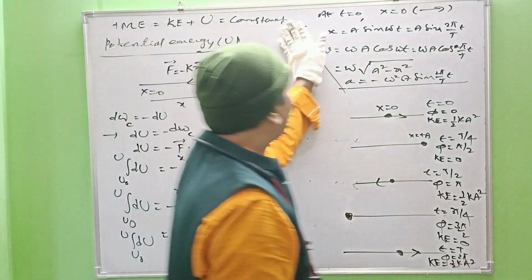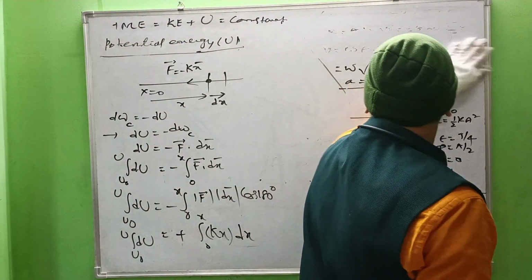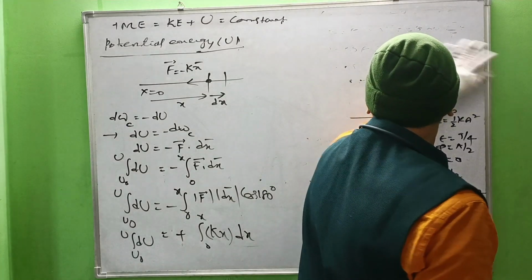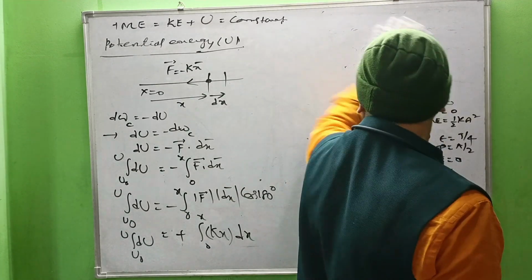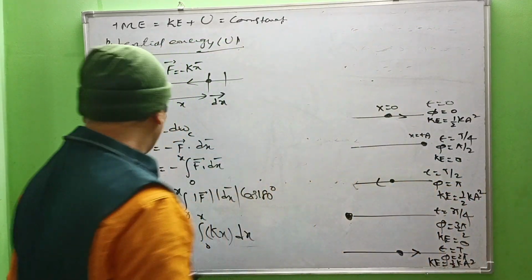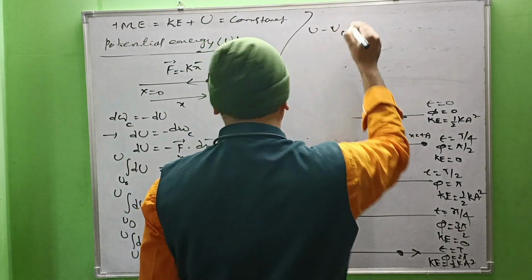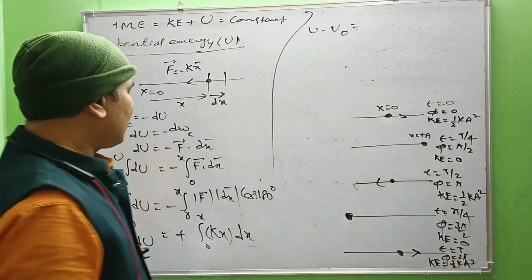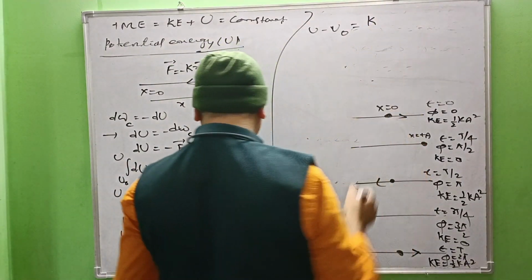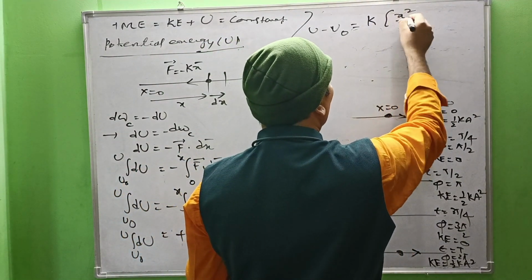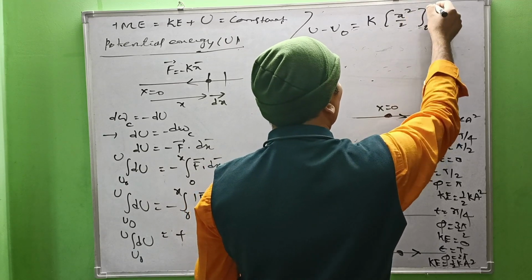So on integrating, what will you get here? Upper limit minus lower limit, that is U minus U naught equals k kept outside, integral x dx, in the sense x square by 2 with limits 0 to x.